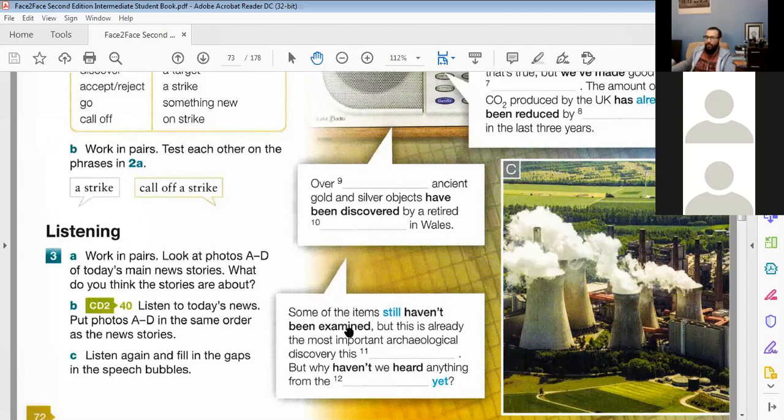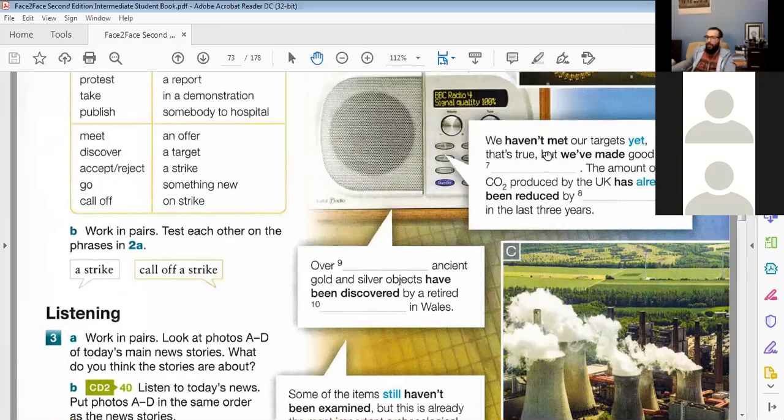If we change it using yet, we will say some of the items haven't been examined yet. If you want to use yet, just put yet at the end of the sentence and remove still. We can do it here the same way. We still haven't met our targets, right? We still haven't met our targets yet.